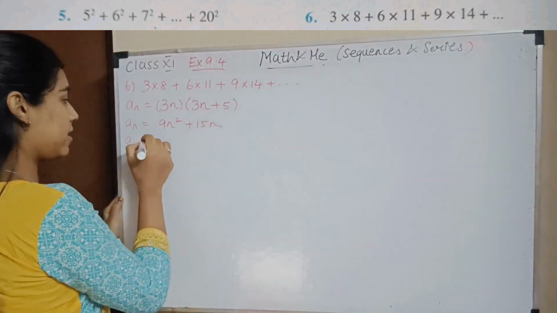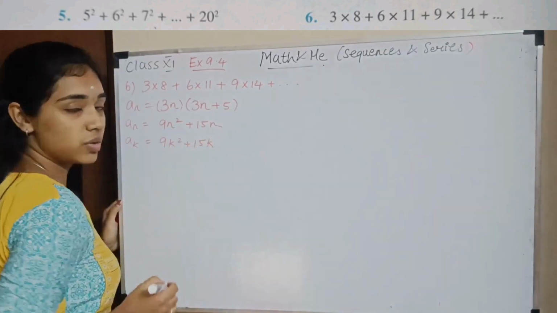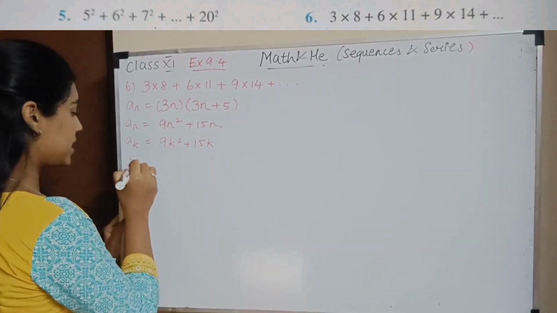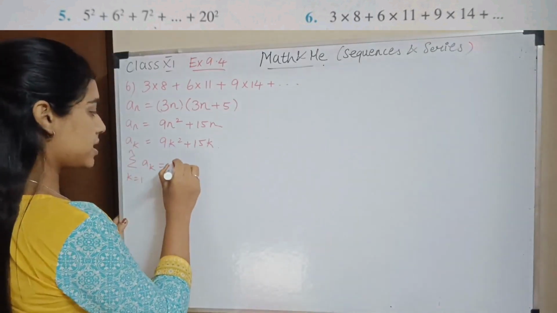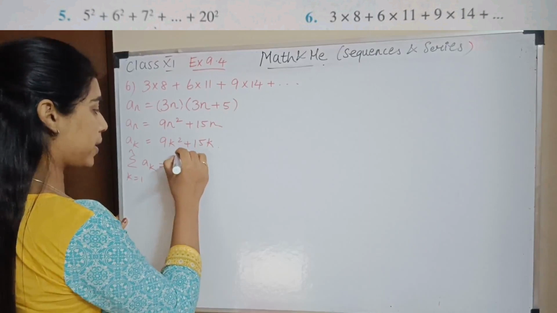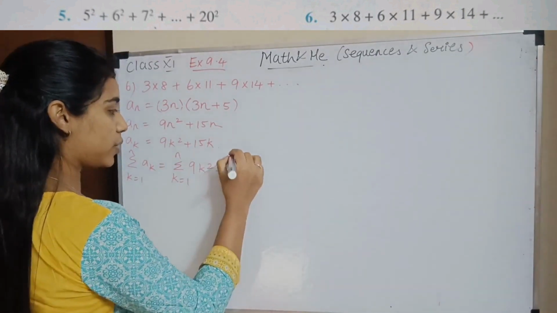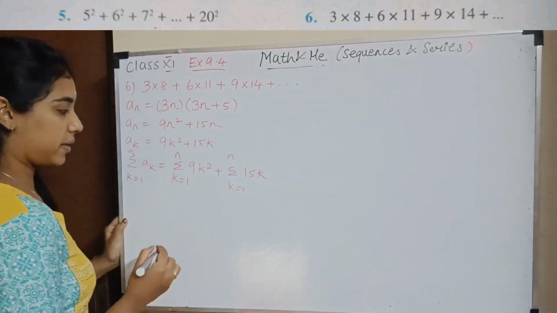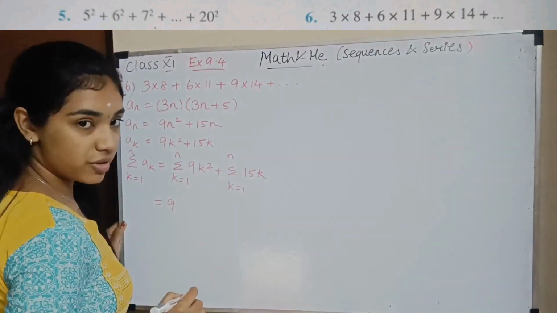So what is my ak? 9k square plus 15k. So now use the formula that you know, taking summation on both sides of ak equals summation k equals 1 to n of 9k square plus summation k equals 1 to n of 15k. So I take my 9 outside. What is summation of k square?